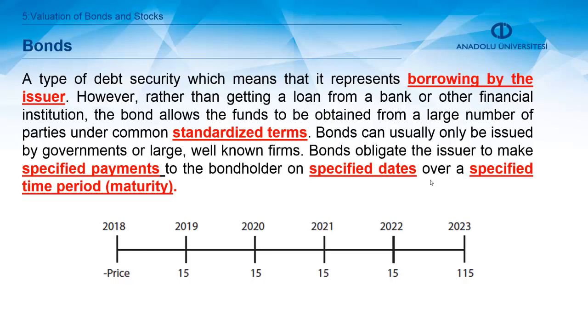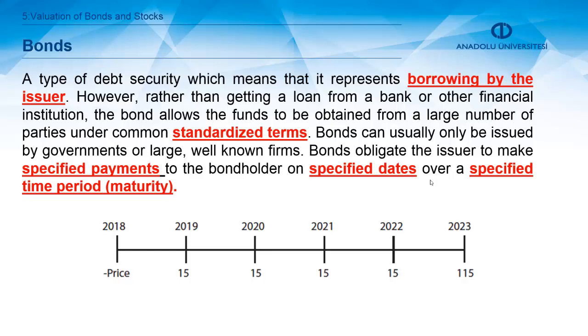And this line here represents the time in years from 2018 to 2023. There are 15 Turkish liras or $15 payments here, and here in this example the principal amount is $100.